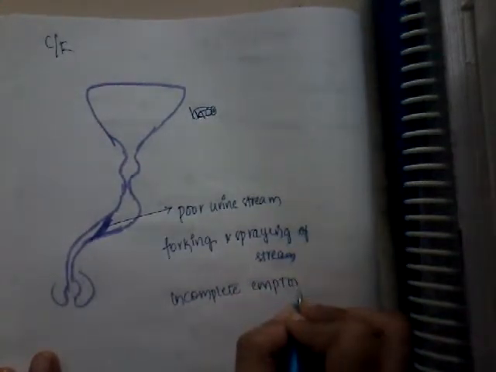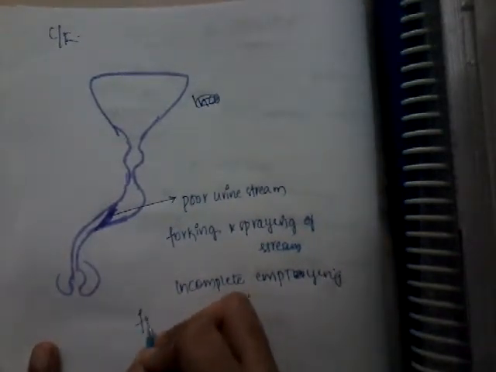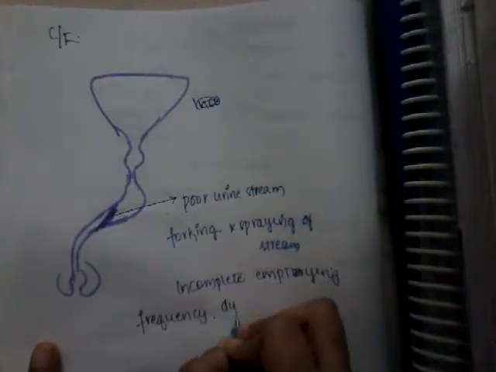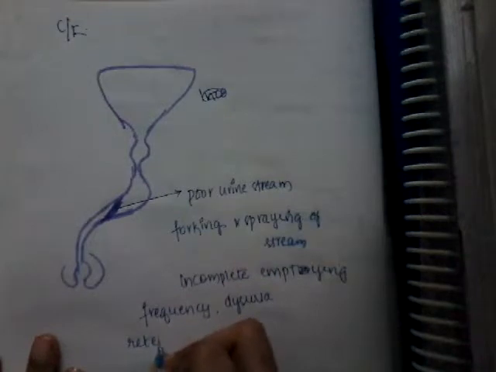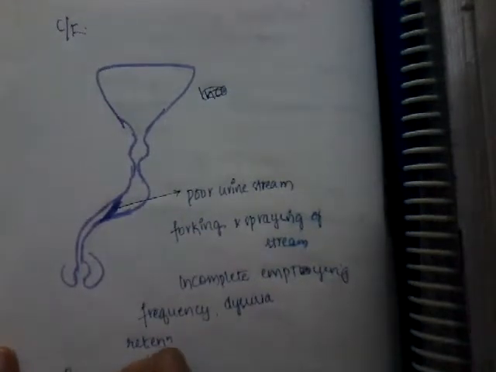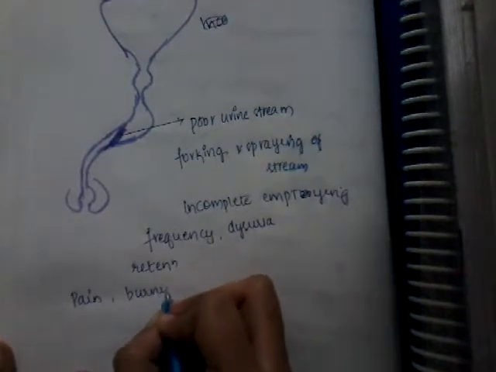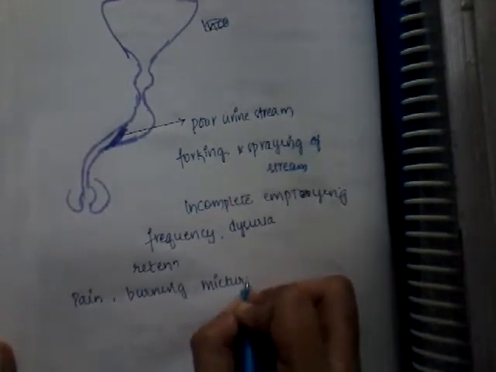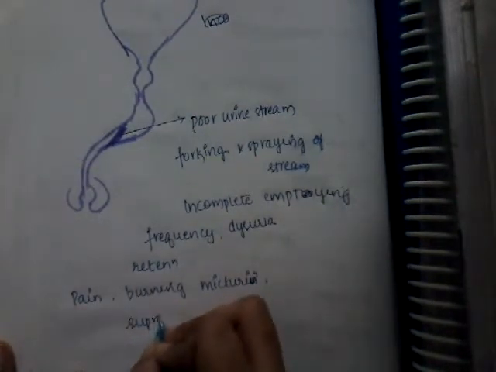And then there is frequency. There is even dysuria, difficulty in passing urine, and then retention of urine. Then there may be pain, burning micturition, and even suprapubic tenderness can be there.